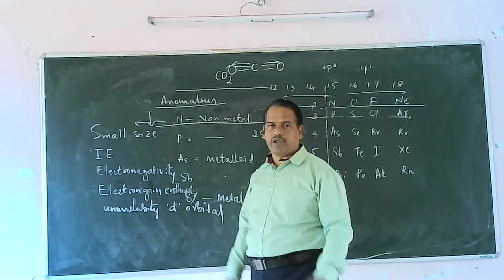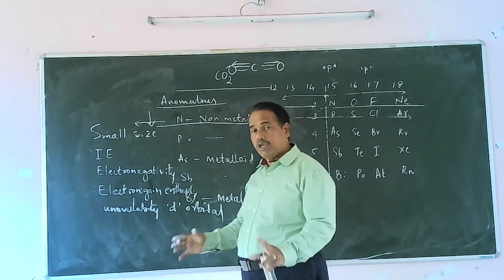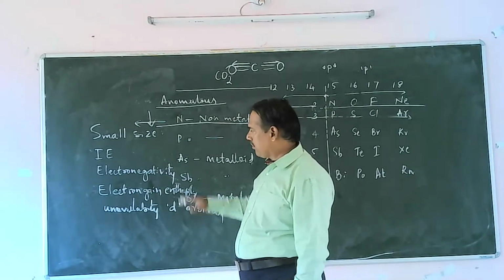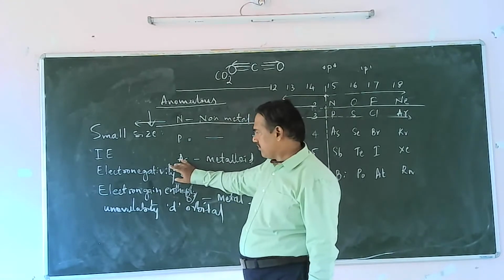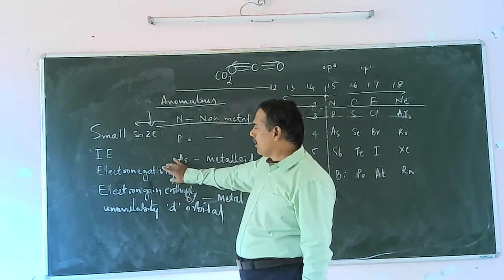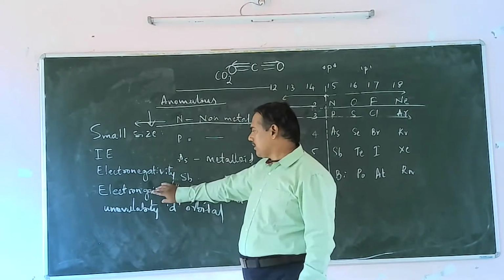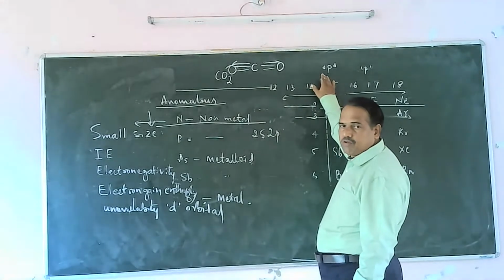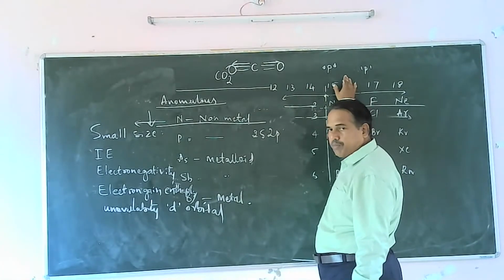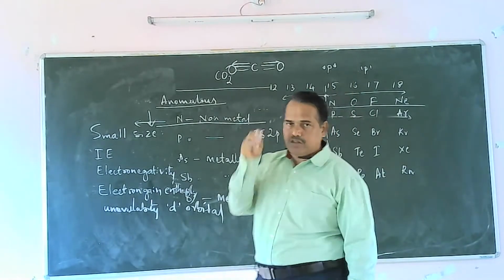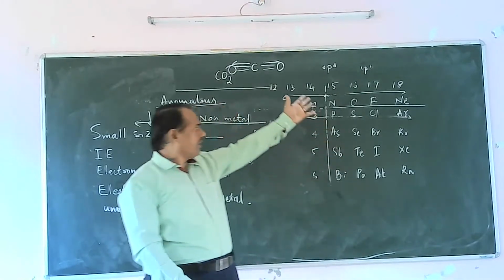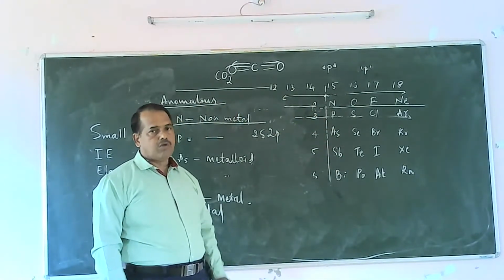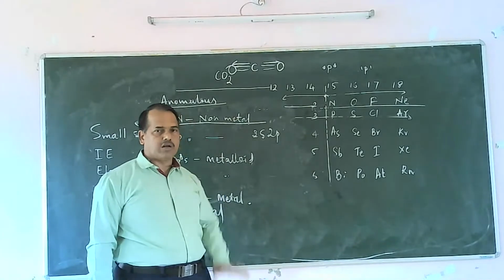Nitrogen is more electronegative than many elements, but less electronegative than fluorine and oxygen. Again, due to electronegativity and electron gain enthalpy, as it is a p block element in 15 group, deficient by 3 electrons to attain noble gas configuration, it can easily receive electrons.